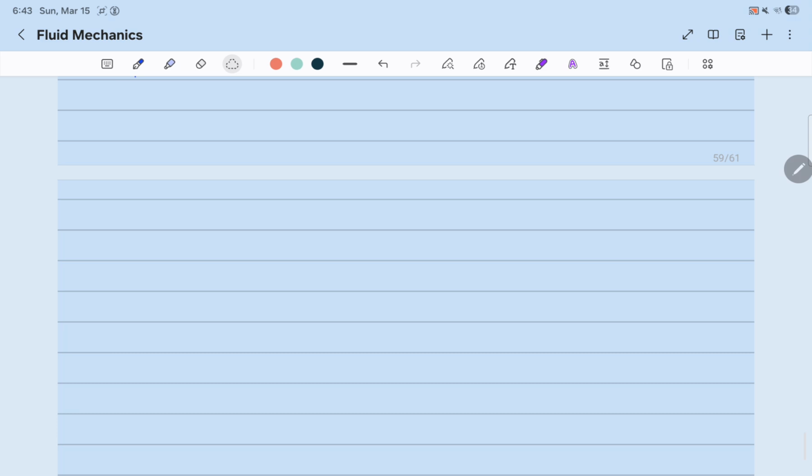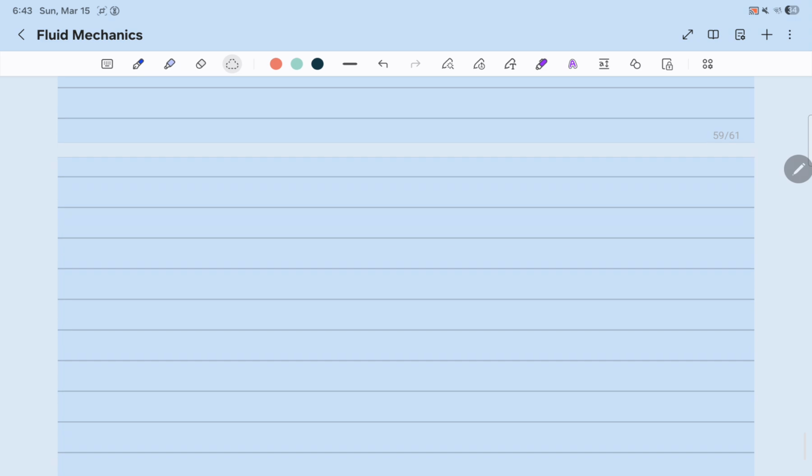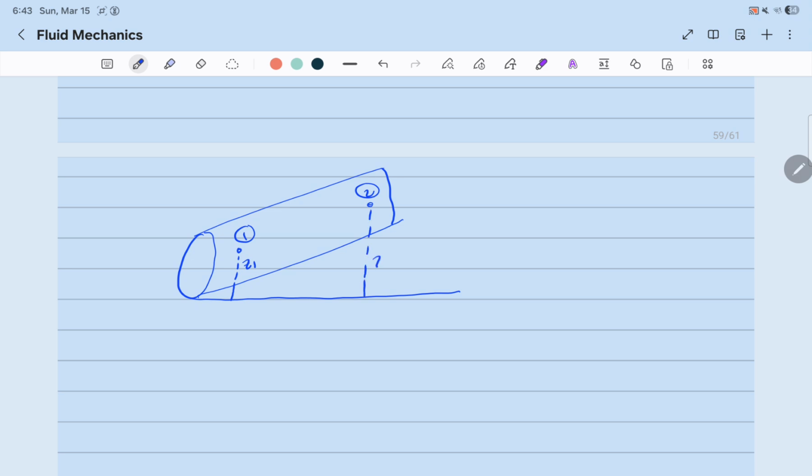Now, instead of relating the pressure and velocity for one scenario, what we can also do is, if we look at a pipe, an inclined pipe that looks like this, and we have 2 points, point 1 and point 2. Let's call this the surface, and the pipe is inclined. This here is your elevation 1, Z1, and this is elevation 2, Z2.